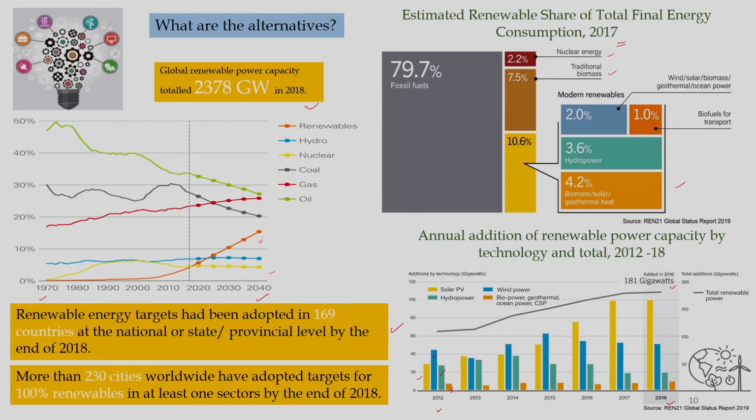Renewable energy targets had been adopted in 169 countries at the national or state provincial level by the end of 2018. More than 230 cities worldwide have adopted targets for 100% renewable energy in at least one sector by the end of 2018. So, this kind of agreement has already been done globally.